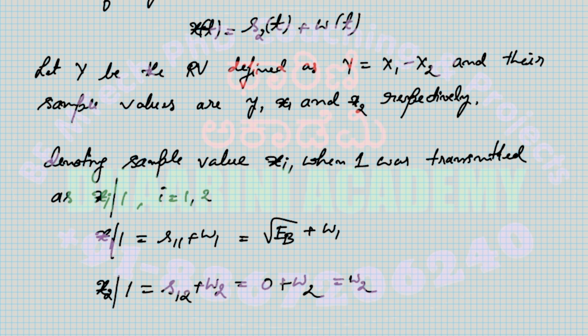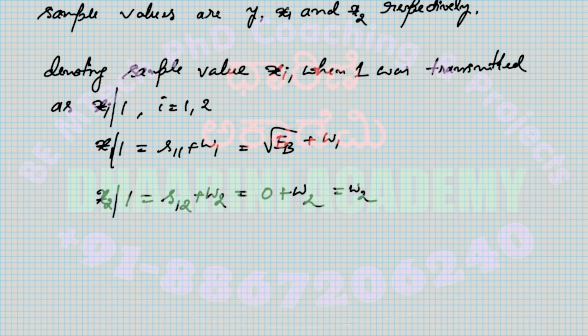Right, now you can calculate the expected value, right? Let's try to write that. So the first part, this implies I'm going to calculate the mean. How do you calculate mean?